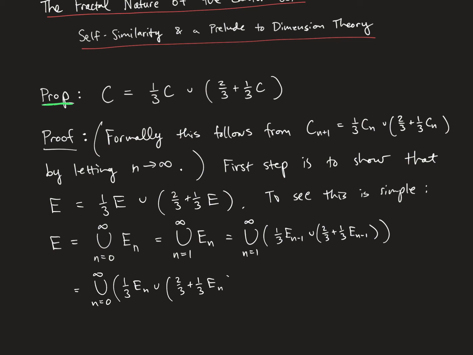And then this is just a big union, right? So we just have union and union, so union of union is just a big union. We can union however we would like.